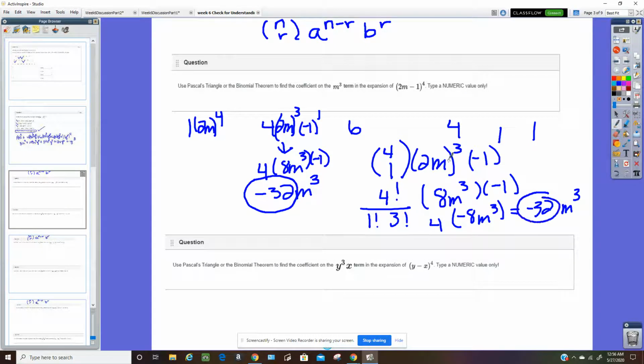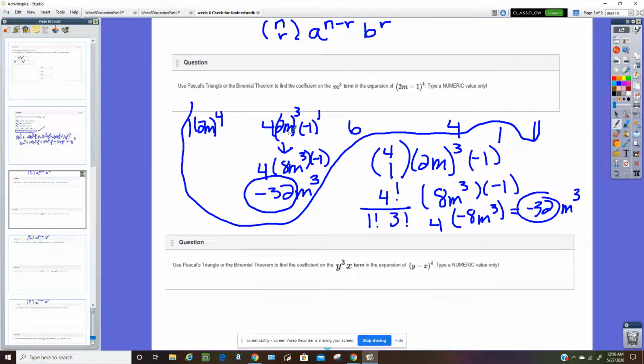So either way, if I use the row idea, that's this here. If I use Pascal's triangle, the row 4, because this is a 4, or you're counting down 5 because you're starting with 0, is 1, 4, 6, 4, 1.